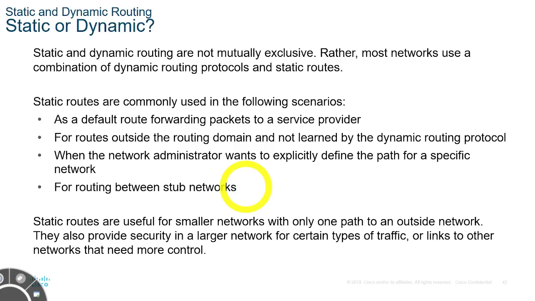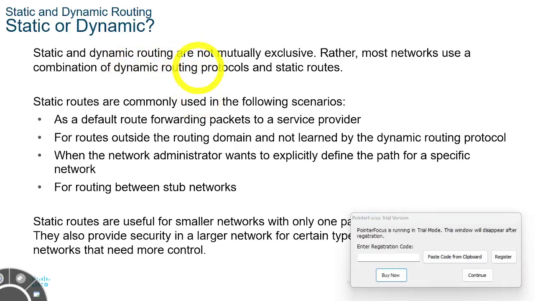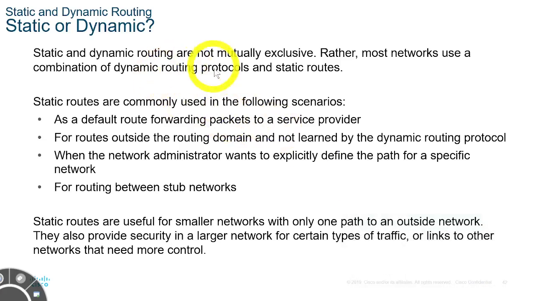Dynamic routes, routers create paths based on the information provided by the dynamic routing protocols. So static routes are manually configured, whereas the dynamic routes depend on routing protocols to determine these routes.